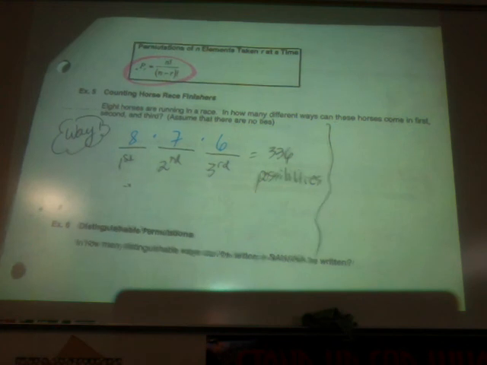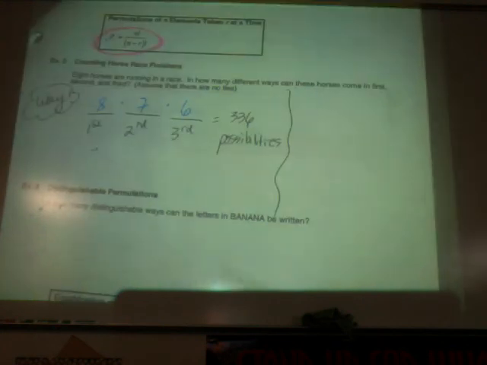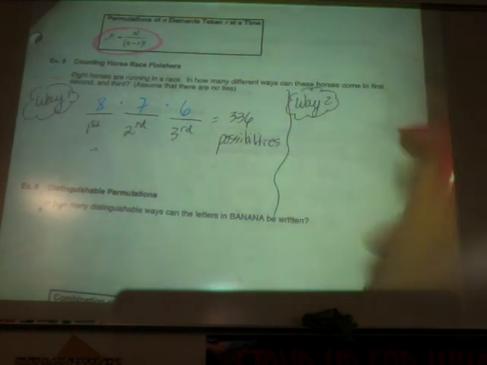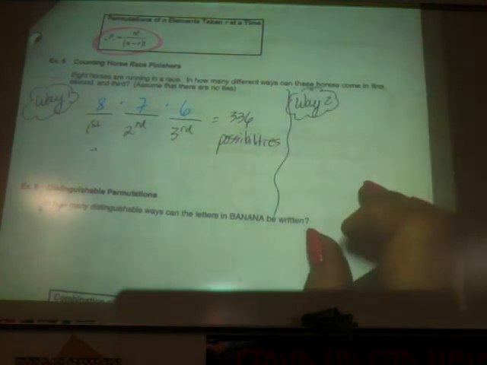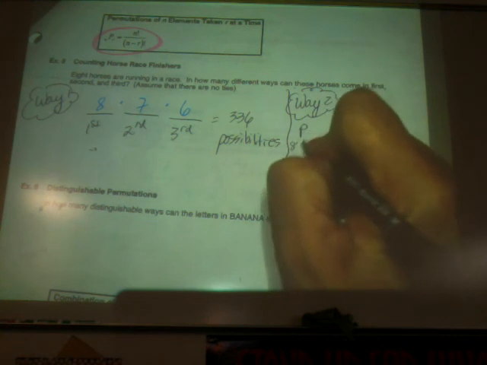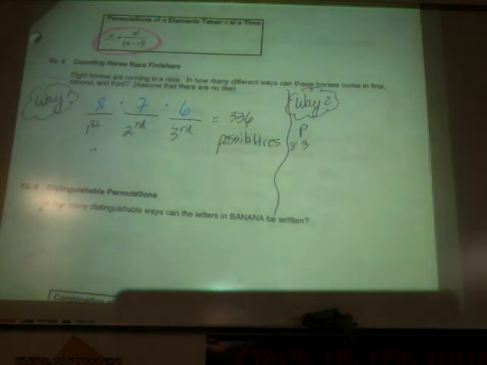I just want to prove to you that we could use a permutation formula to do it the other way. No, you don't have to, but I just want to prove to you it does work both ways. So if I were doing a permutation, I have 8 horses and I'm taking 3 at a time, first, second, and third place finishing. Because order matters, that's why I'm using the permutation.